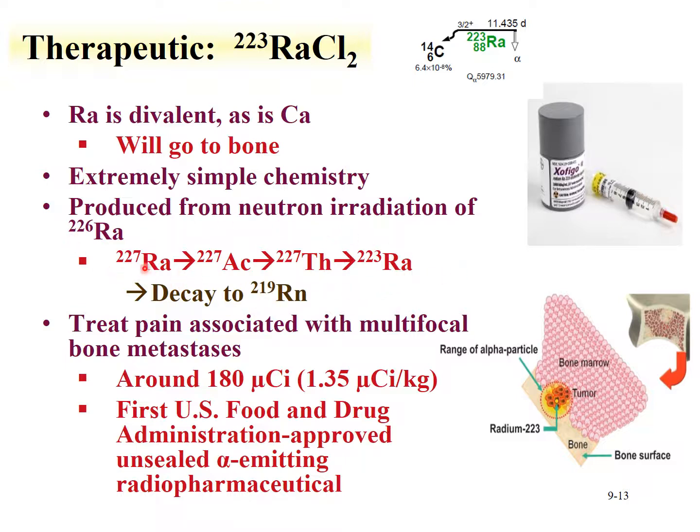This is the capture, making radium-227, which undergoes beta decay to actinium-227, beta decay to thorium-227, and then alpha decay to radium-223. This is the first alpha-emitting radiopharmaceutical that's been approved by the U.S. Food and Drug Administration in an unsealed route.